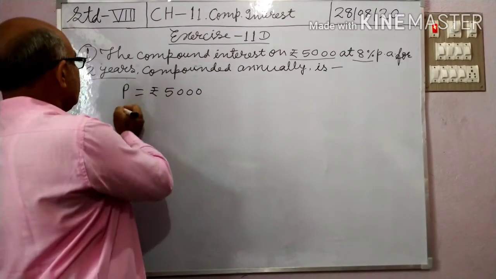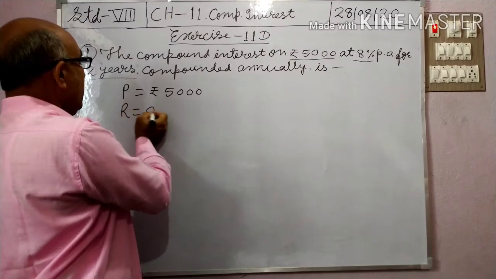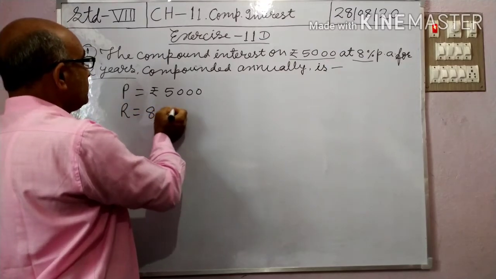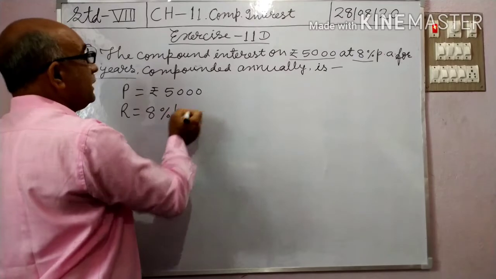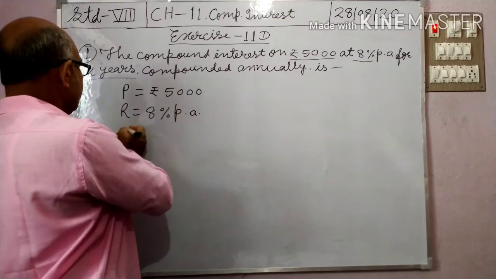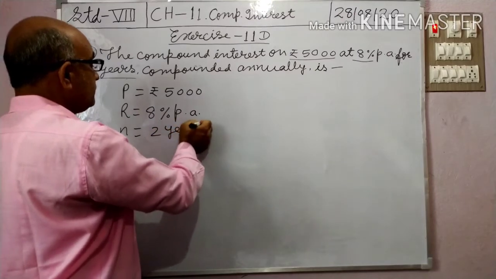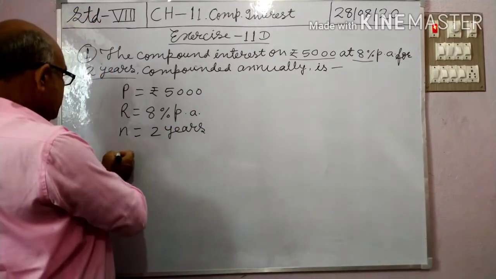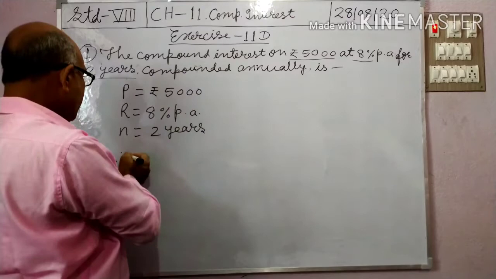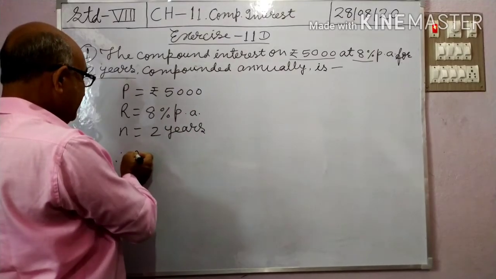We have given P equal to rupees 5,000, R equal to 8% per annum, N equal to 2 years. Then for compound interest, first of all find amount.